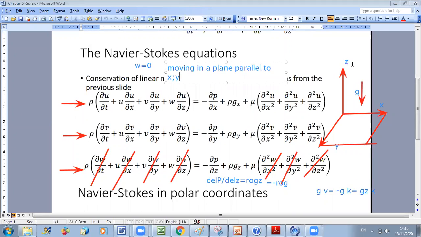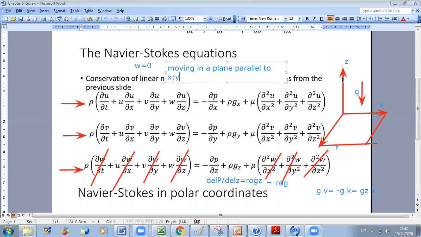So the variation of pressure due to z will not affect my motion, because I move in a horizontal plane. I still need to find how my pressure varies as a function of x and y. But if I move along z, then I will experience a pressure variation del p by del z equal to minus rho g, which is the hydrostatic pressure that we know.